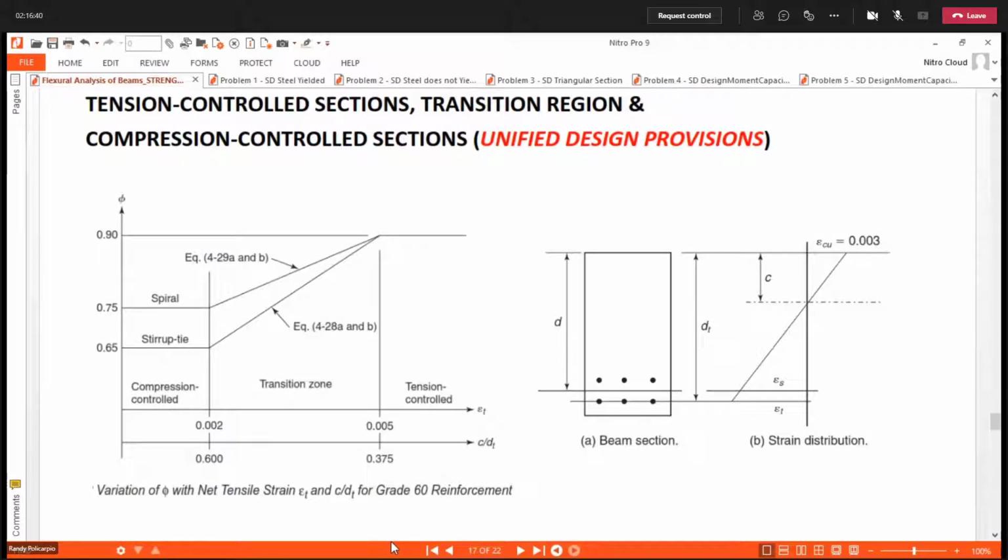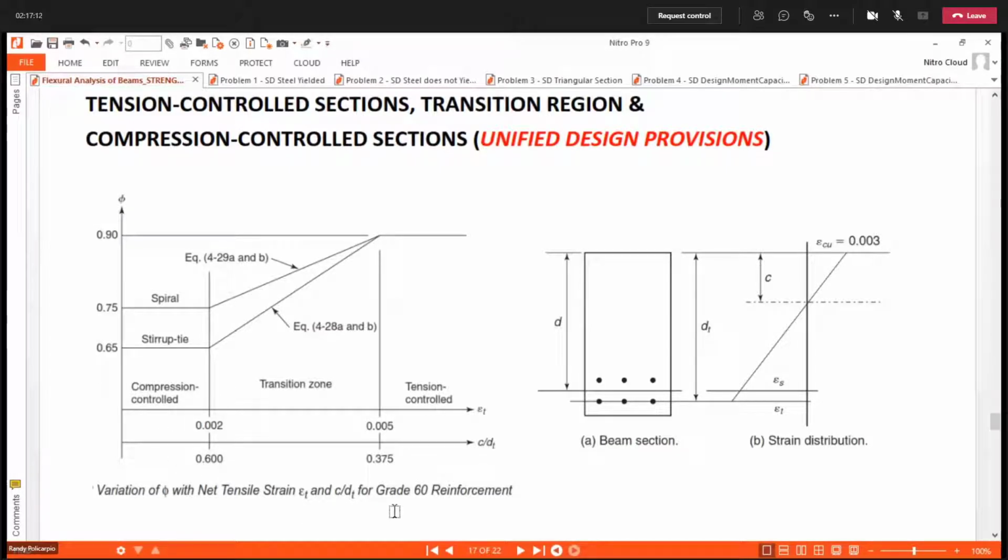Doon sa old code, makikita mo kapag flexure member yan sa beam, I think 0.90 nakafix yan. It doesn't matter kung ano yan. Wala kasing compression control at transition doon. Basta specifically if it is a flexure member like beam, 0.90 kaagad. Kapag naman compression member yan, automatic, I think 0.70 for columns.